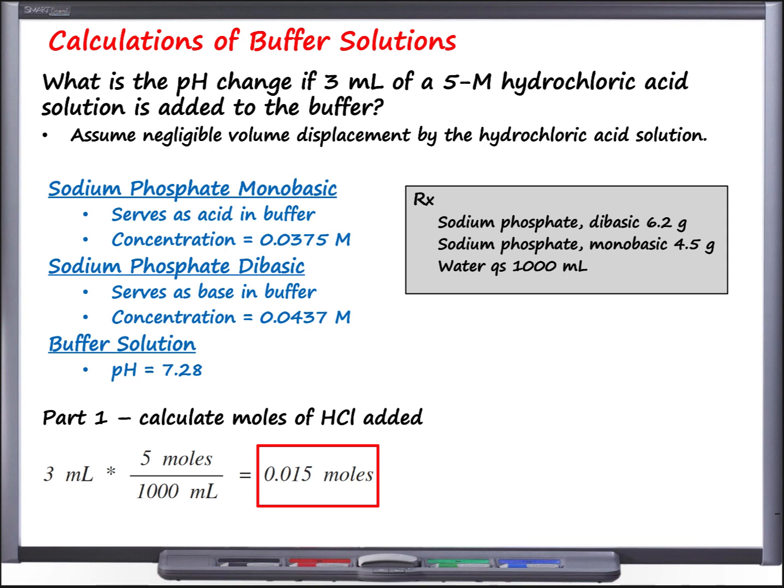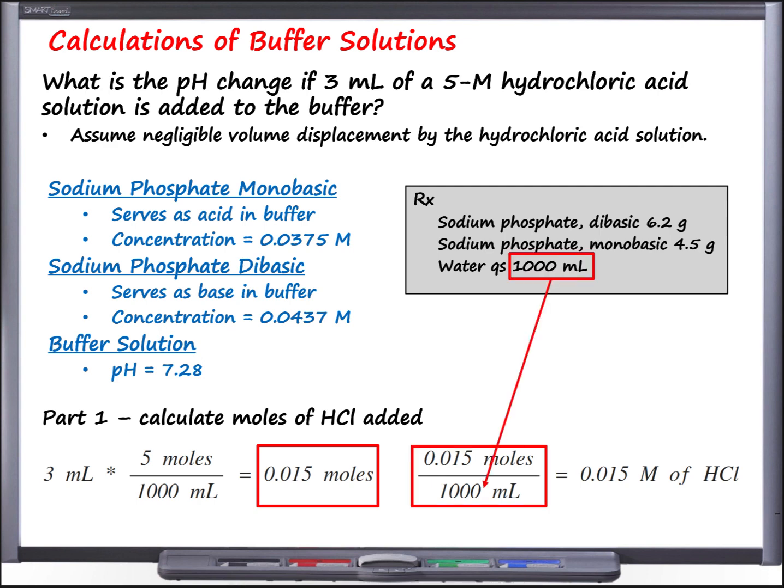All right. Now the next step is to express those moles as a molar concentration. To do that, we simply take the number of moles that we just calculated and divide it by the final volume. I'll remind you that our buffer solution was made up to a total volume of 1,000 milliliters. Now, you're absolutely right to say that if we take 3 mils and add it to 1,000 mils, our final volume is 1,003 milliliters. But in the question above, I skipped this.